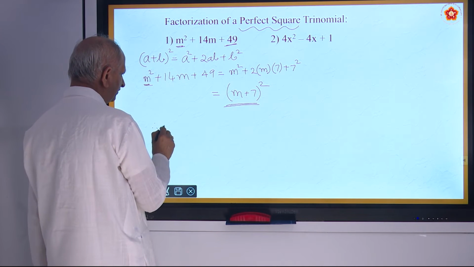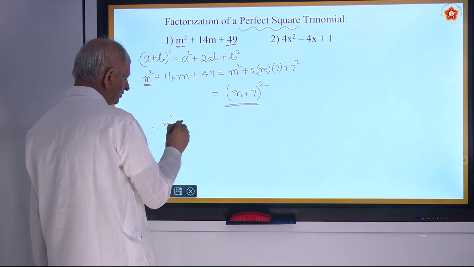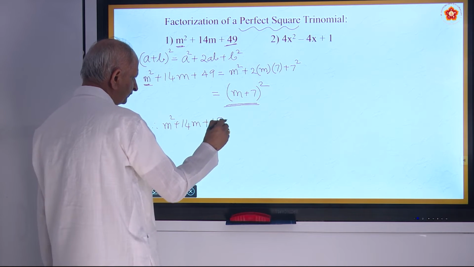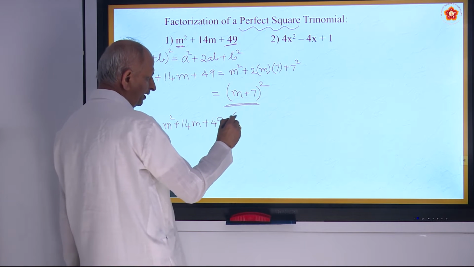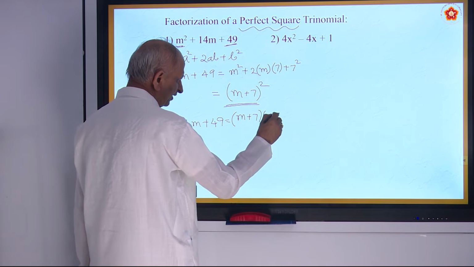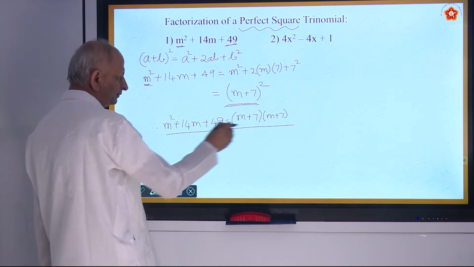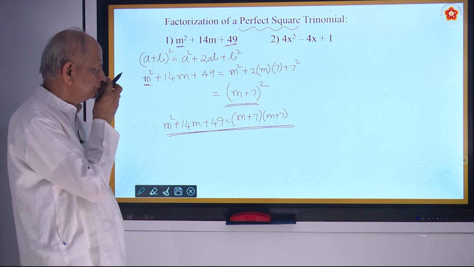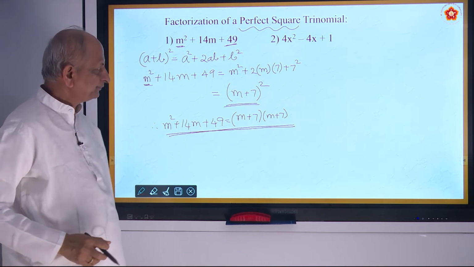So you can write the answer: m squared plus 14m plus 49, the factors are (m plus 7) into (m plus 7), or you can write (m plus 7) whole square. Both are correct. Come on, try that.